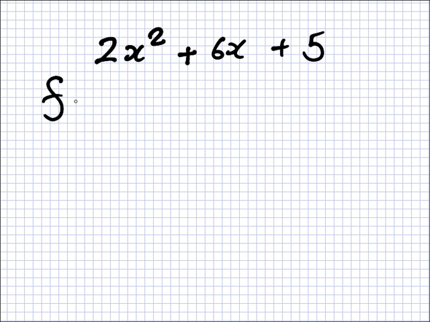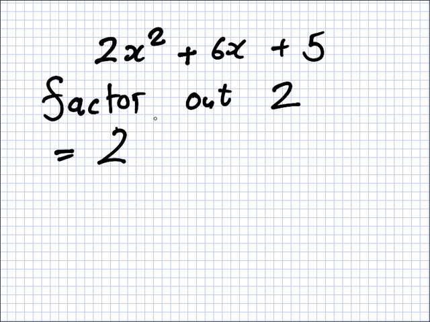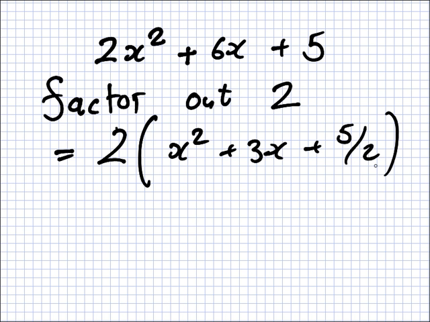Factor what? No, not quite. Factor out 2. Yeah. I understand what you mean. Extract. We're taking out the 2. Yeah. So this would be equal to 2 bracket x squared plus 3x and then 5 over 2.